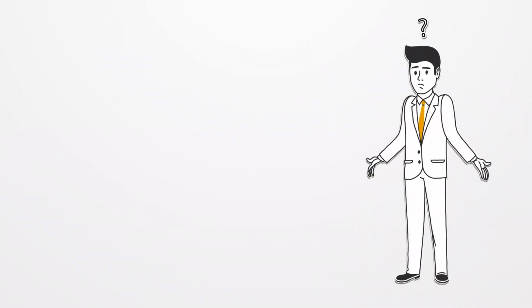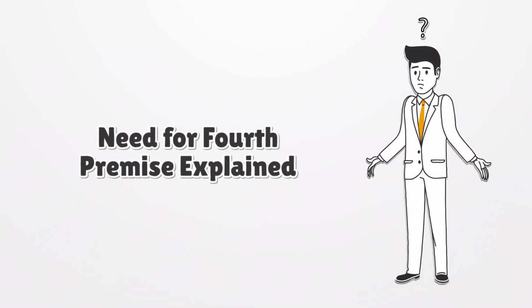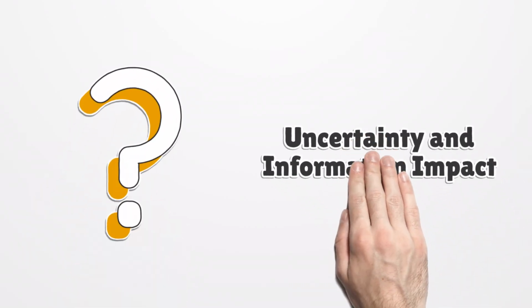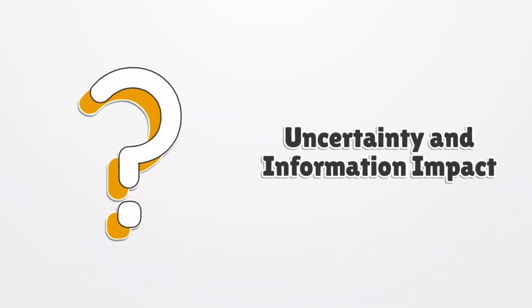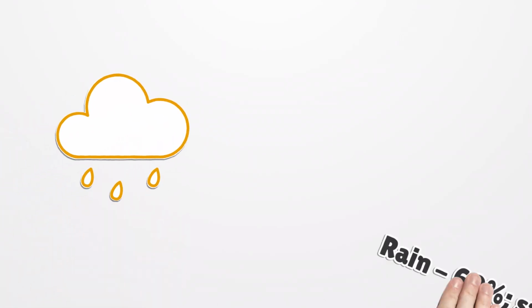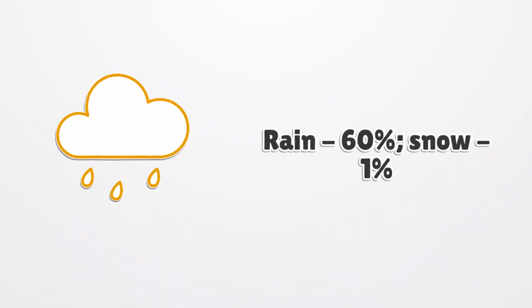Why did we have to add that fourth premise, that we don't know anything else, to make the argument valid? That's because when you're dealing with uncertainty, adding more relevant information can always change the probability of something. For example, maybe 60% of the time that there's a cold front coming in from the west, in December in Paris it rains, and 1% of the time it snows.